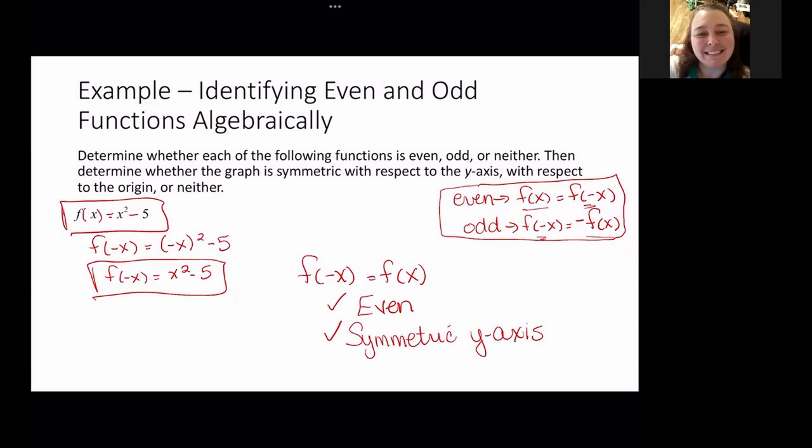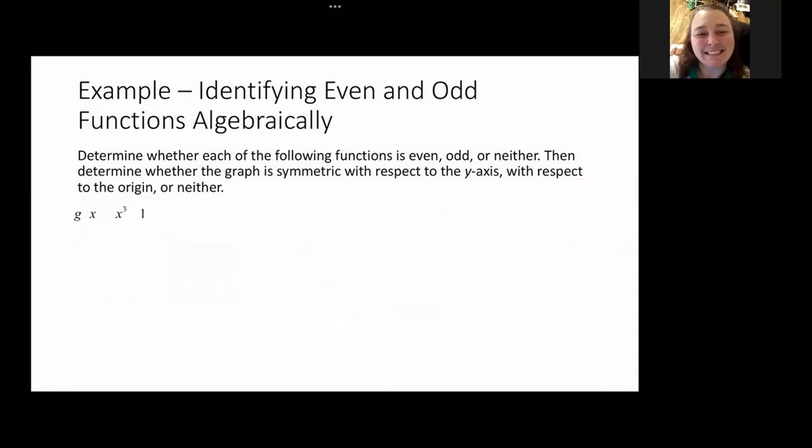Let's look at the second example. g of x equals x to the third minus 1. Now, remember, even: f of x equals f of minus x. Odd: f of minus x equals minus f of x.